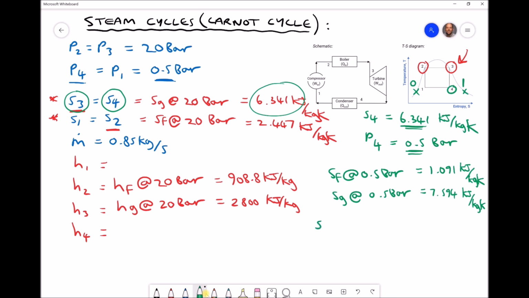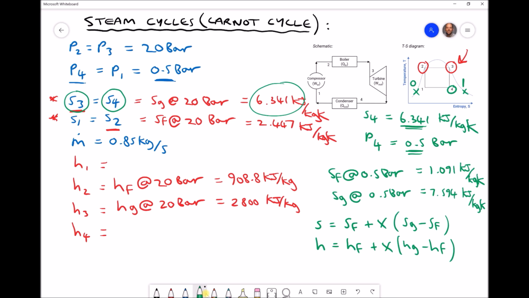The first then is entropy equals SF plus X(SG minus SF). This is a form of linear interpolation. And we have the same formula for our enthalpies. H equals HF plus X(HG minus HF).